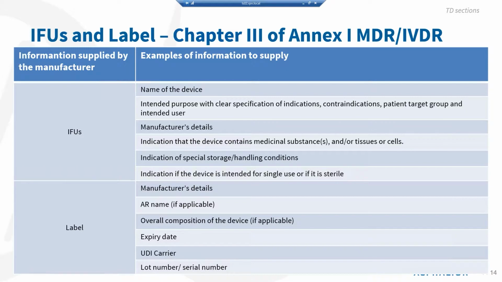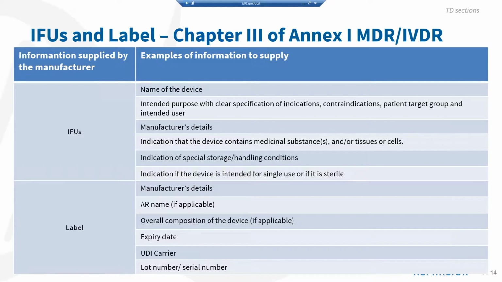As well as for instructions for use, there is also particular information to supply in the label. Again, we've got the manufacturer's details and the authorized representative we were discussing before. The name of this authorized representative should be included in the label. What does it mean?